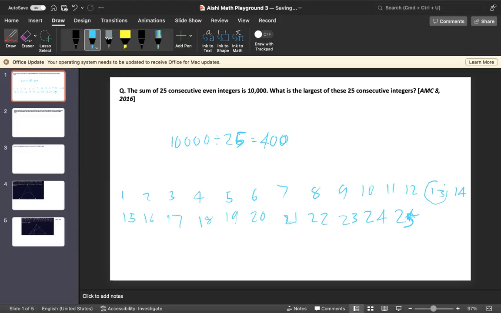So obviously 13 is the middle term. We found that this is 400.